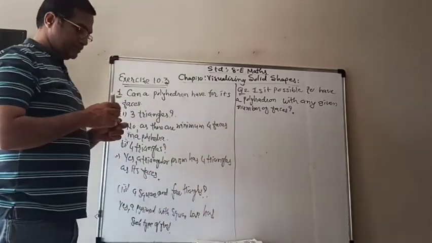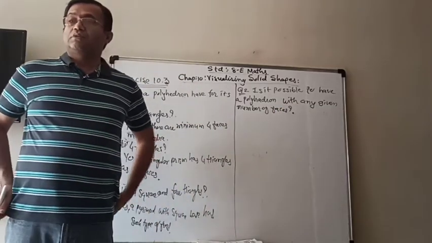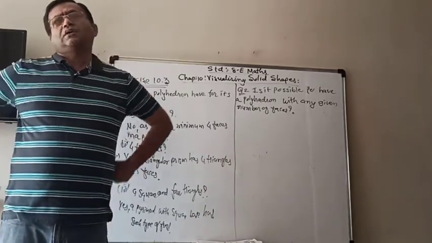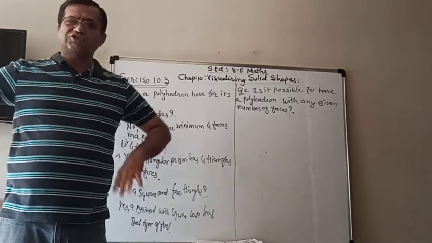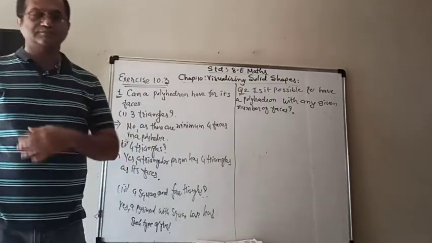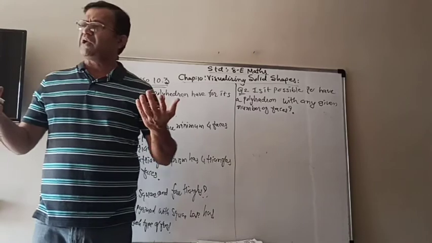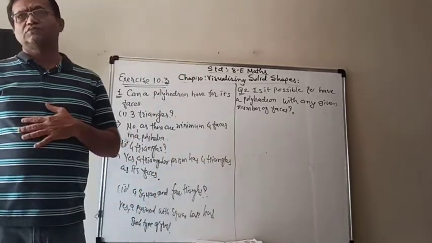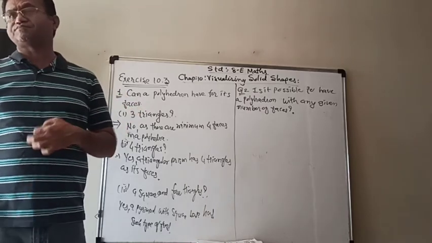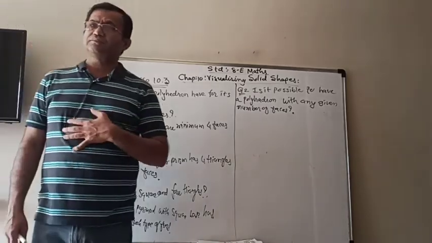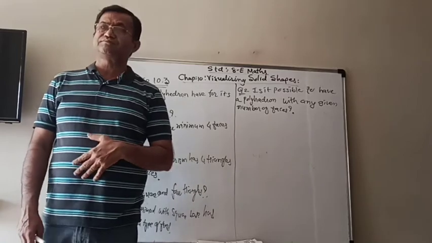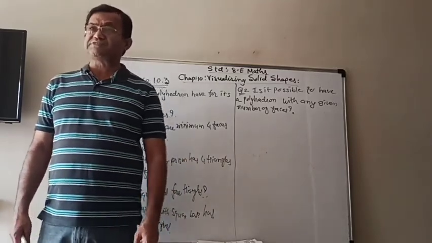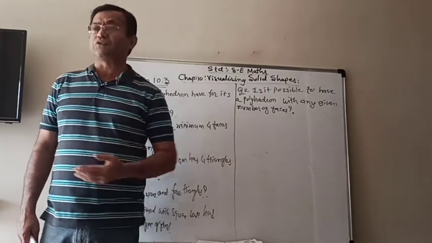So now the question is a little twisted. Actually, if you think, then we can have any number of faces in a polyhedron. So it looks like that it is yes, but on one condition. It must have number of faces 4 or more than 4.